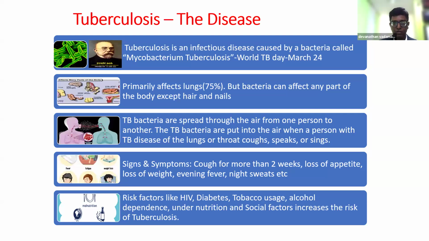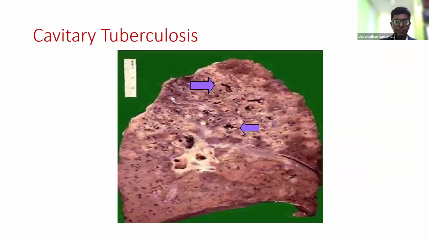If these symptoms are present, or if the patient is in an immunosuppressed state, you should suspect tuberculosis. The commonest immunosuppressed state that we see is diabetes mellitus. Other immunosuppressed states include HIV, renal transplant or renal disease patients, or any autoimmune disease where patients are on methotrexate or other immunosuppressants.